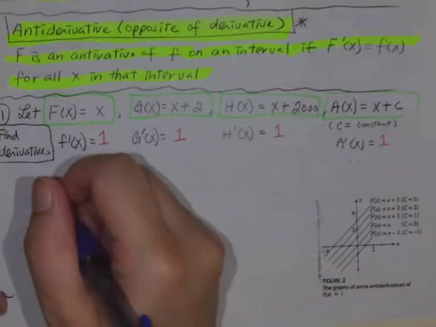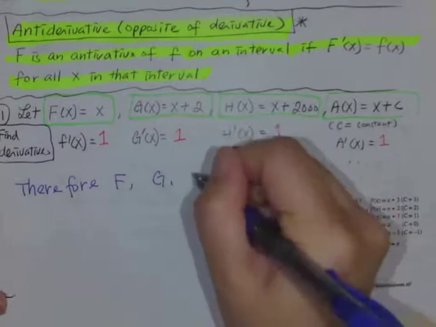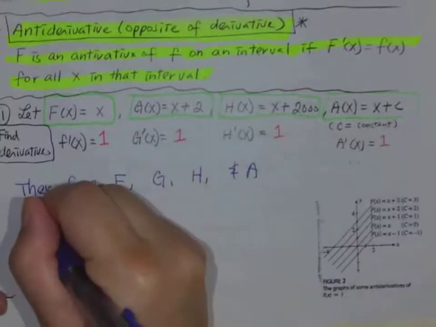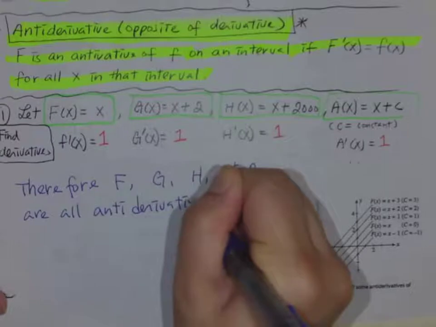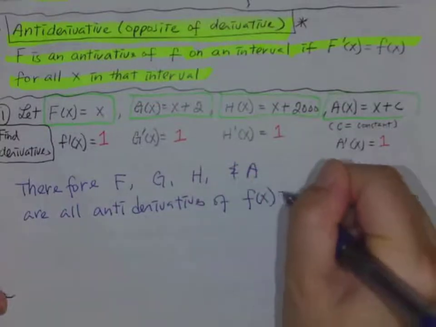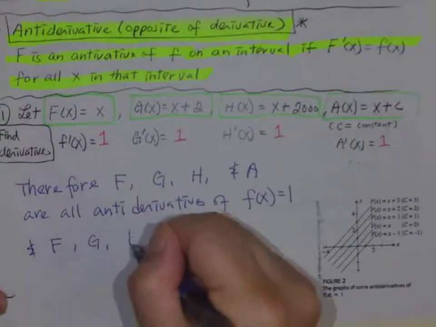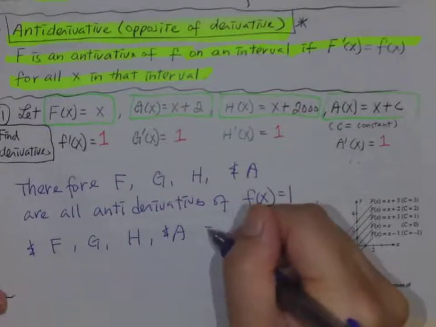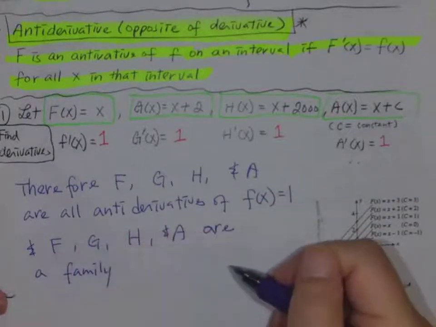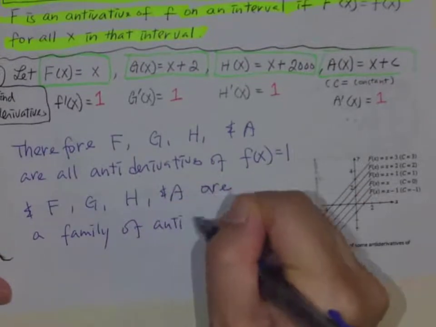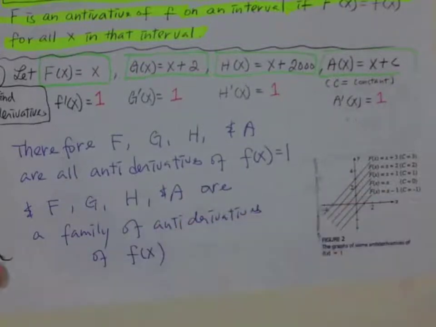So let's write that down. Therefore, F, g, h, and A are all antiderivatives of f of x equal to 1, and all these functions F, g, h, and A are a family of antiderivatives of f of x.